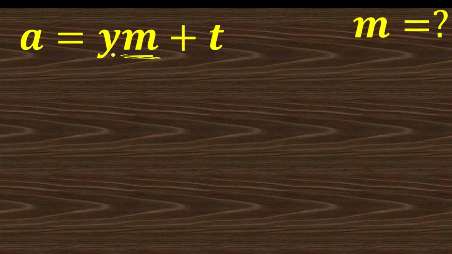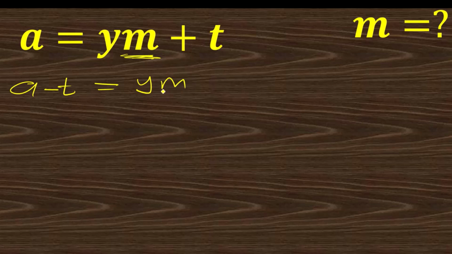So I'll keep m on my right hand side, then send this plus t to the other side. We can subtract t from both sides to get rid of the t on my right, or you can just send the t to my left. So this one will be a minus t equals ym.